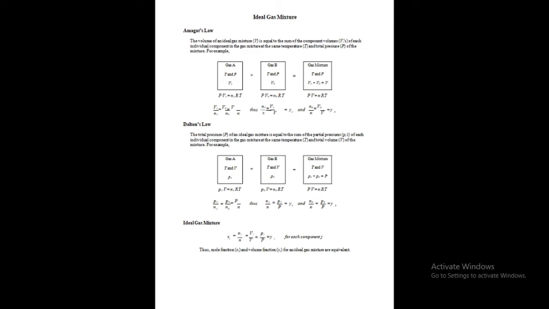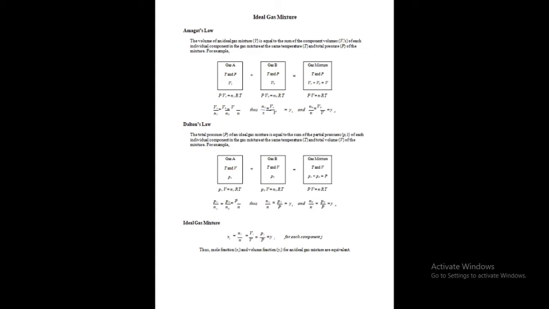Why? Because NA is the individual moles and N is the total moles. Individual divided by total is the mole fraction. Similarly, individual volume to total volume is also the mole fraction or volume fraction.